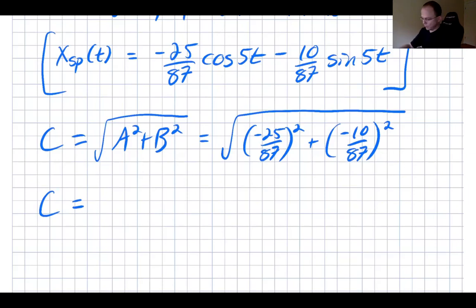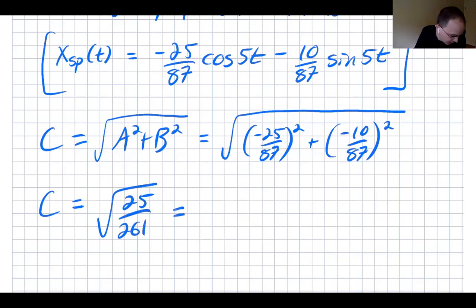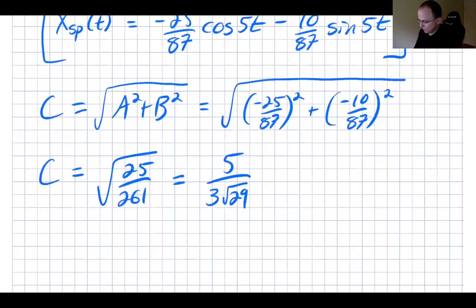That's 25 over 261. So it's the square root of 25 over 261. And that simplifies to 5 over 3 root 29. Okay, we're just going to keep it like that. That's a perfectly fine number for C.